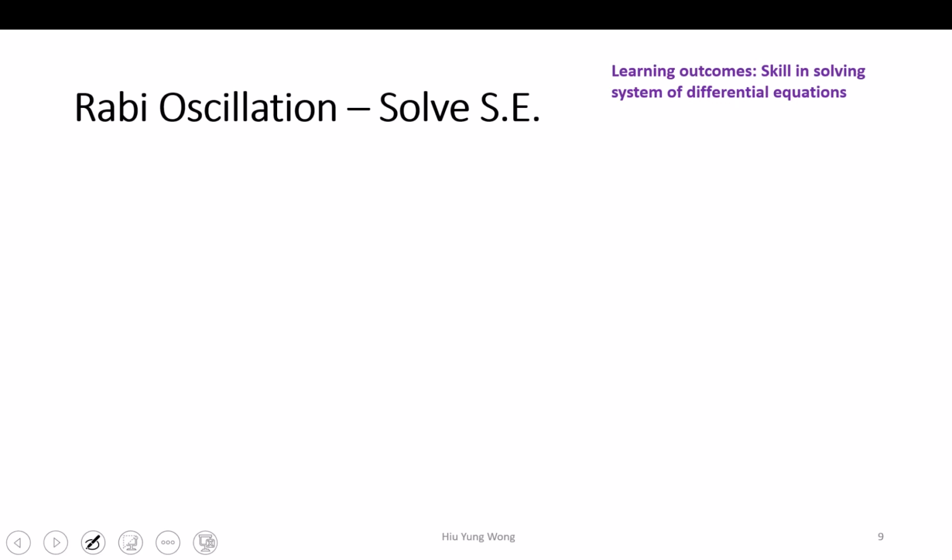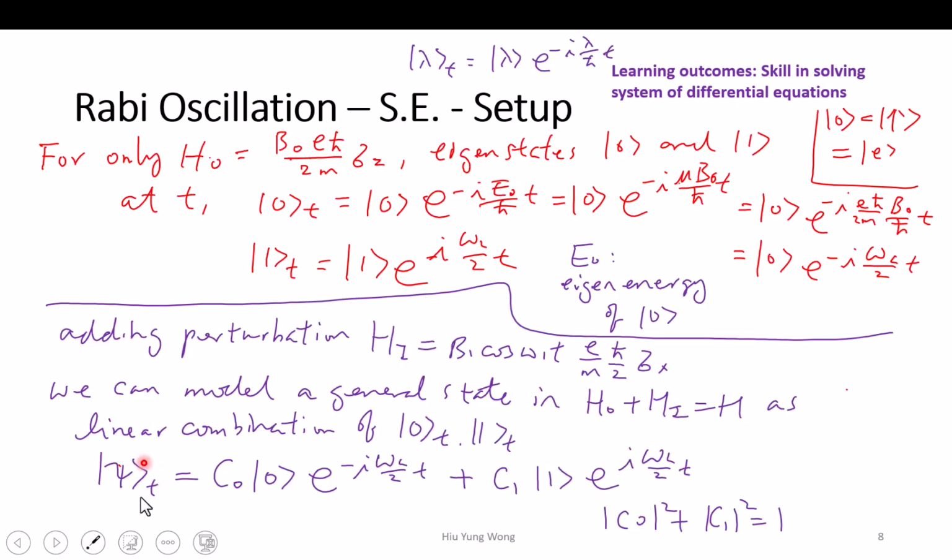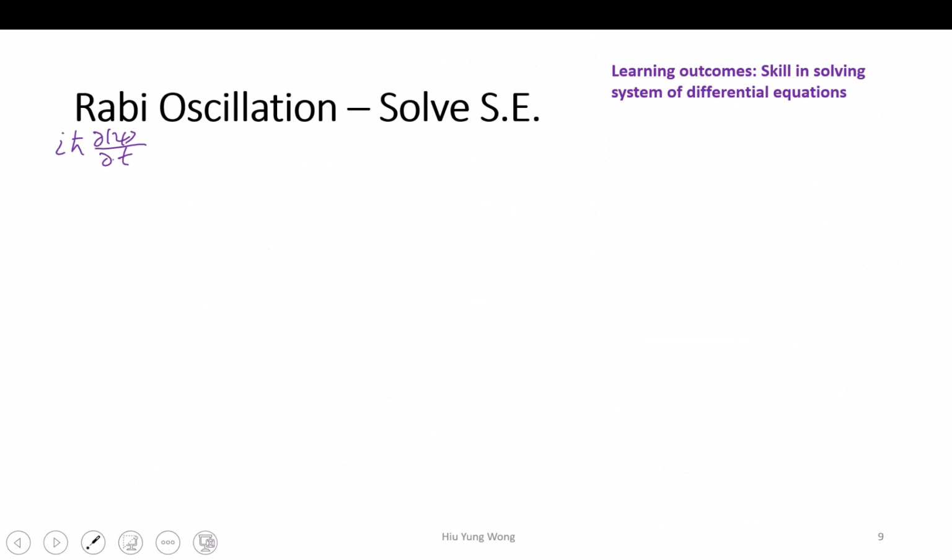So we have the wave function. We have the Hamiltonian. And what we need to do is to solve the Schrodinger equation. How do we solve it? i h bar partial psi partial t, where psi is the general wave function, equals H0 plus H1 times psi.